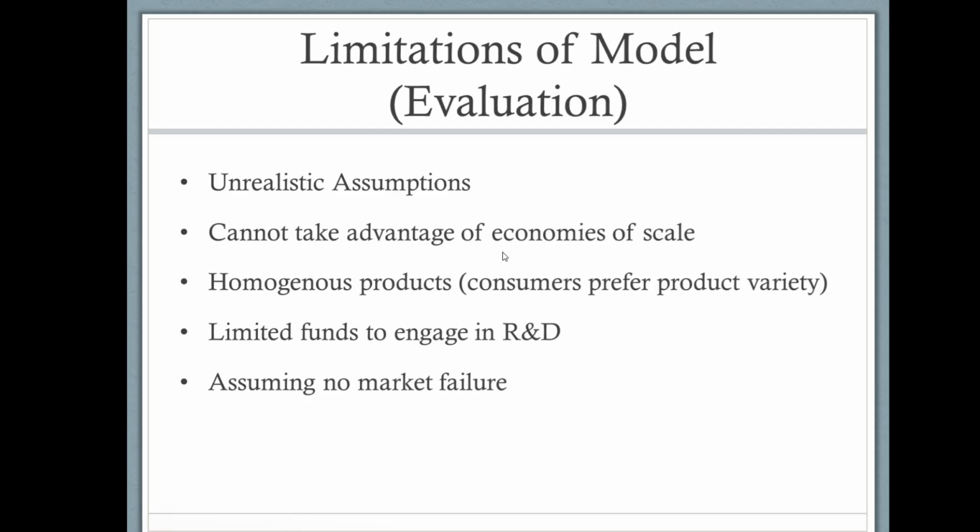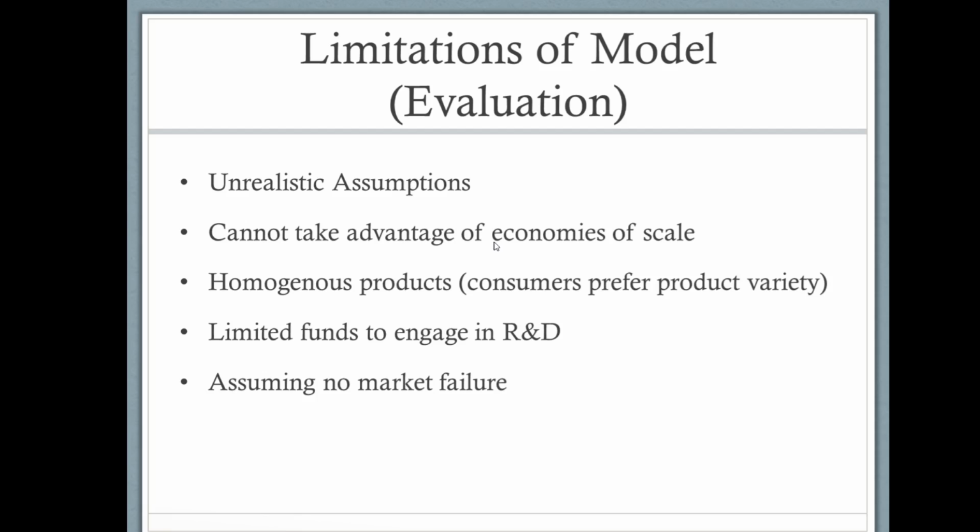And because we assume there are so many firms in this market, and the competition is very strong in this market, at the end each firm can only produce just a little bit.